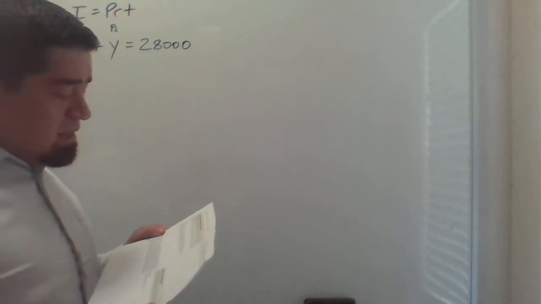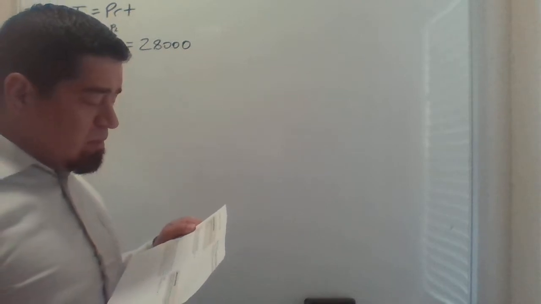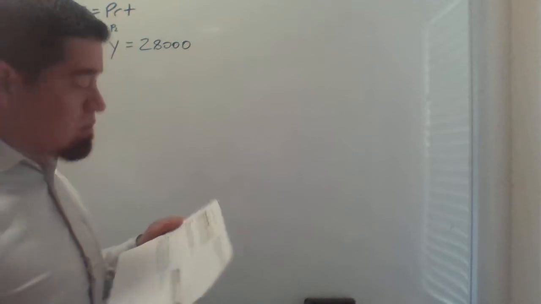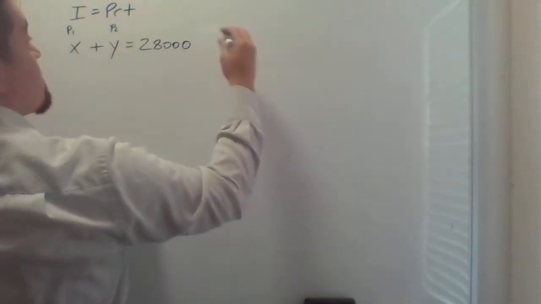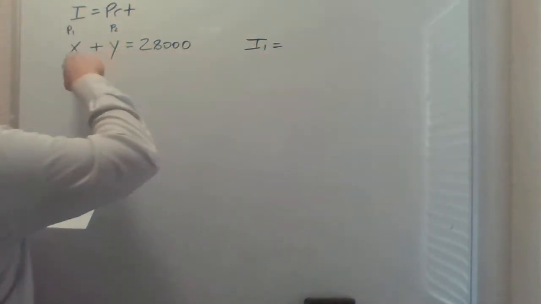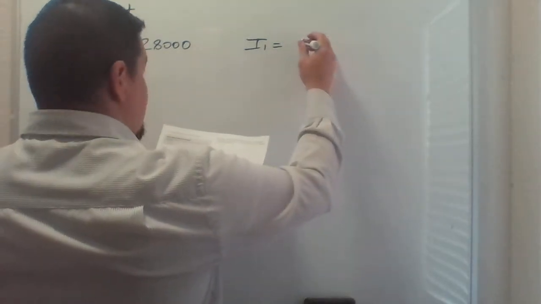From the second statement, I know that one loan is at a 5% simple interest, and the other is at a 3% simple interest. So there's two. We're going to have to use this formula twice. There's two interests. One is the interest from loan x, and loan x has a 5% interest rate.